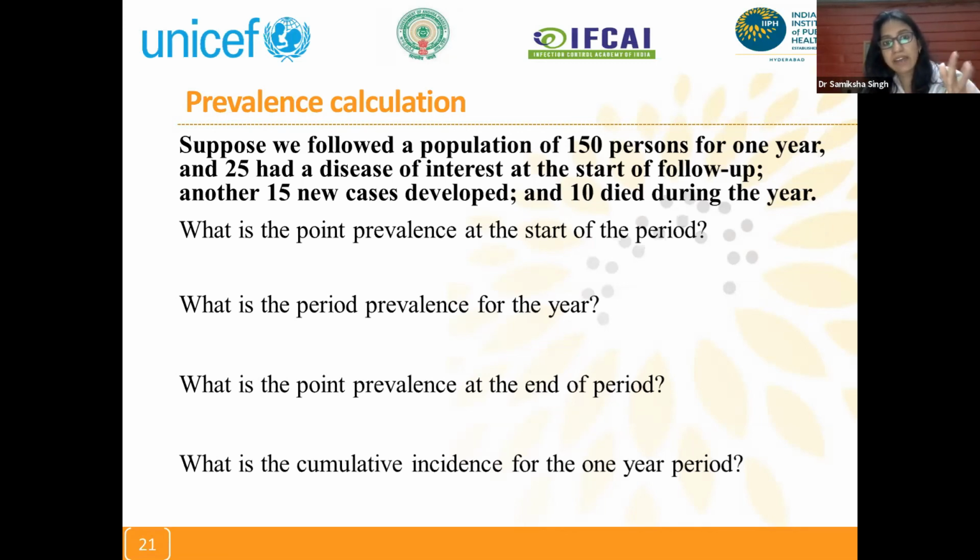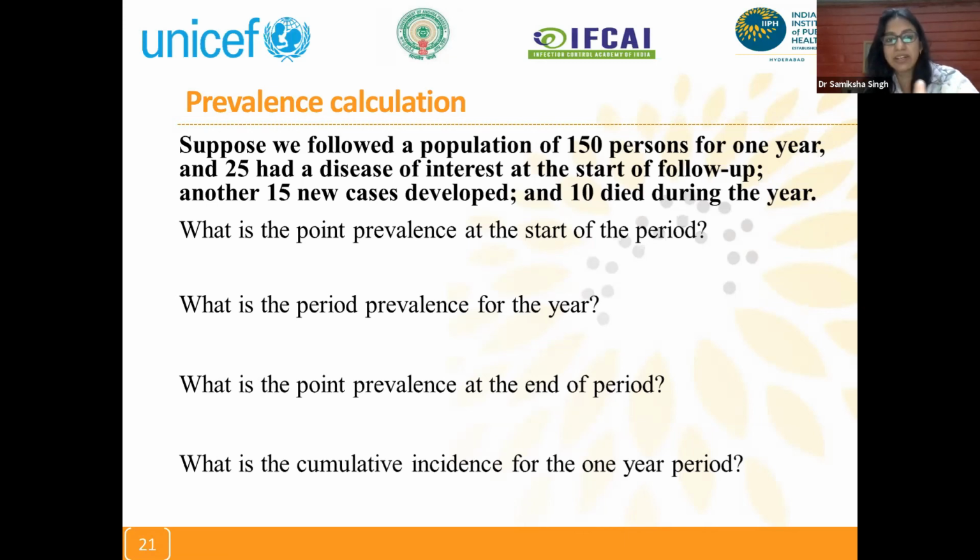And 25 had the disease of interest at the start of follow-up. Another 15 new cases developed, and 10 died during the year. Right? So this can be a population outside hospital. 1 year cases admitted is very unlikely. Just consider this is a population in a community, not in a hospital. So just for understanding, what is the point prevalence at the start of the period?